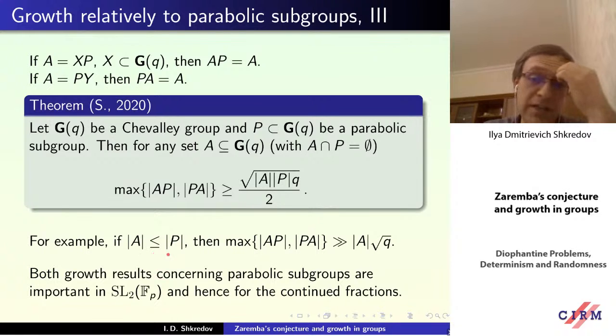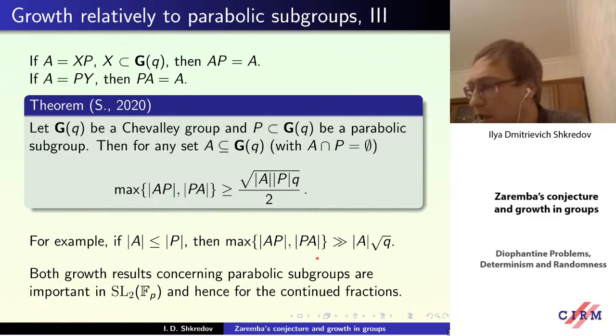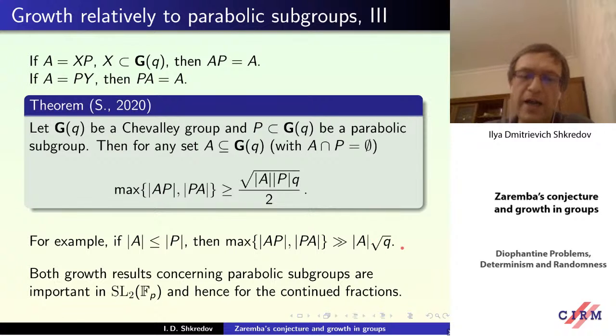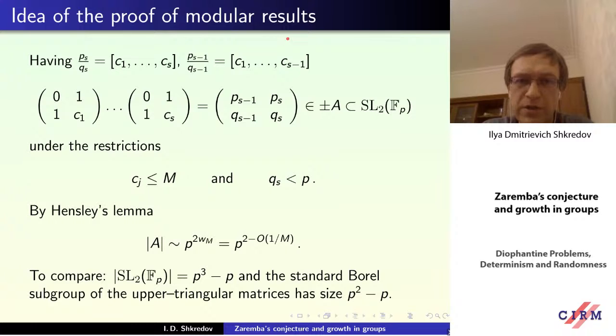For example, if A is less than P, then this maximum is greater than A times square root of Q. So I have a growth by square root of Q. Let me apply these results to the Rambus conjecture.